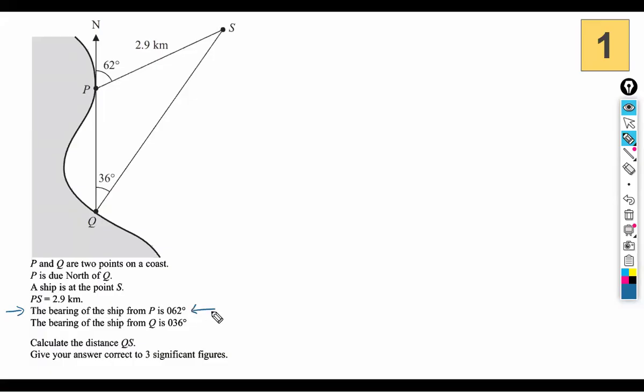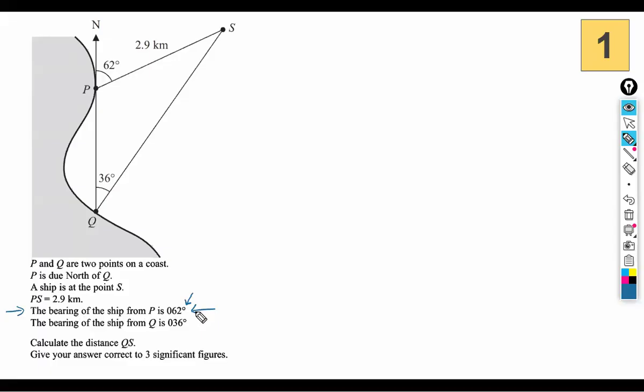Now, a lot of times when students are doing a question, they don't know where they are standing in the question. Because I was never good at English, right? So in this question, they tell you the bearing of the ship from P is 62 degrees. To measure the 62 degrees, where are you standing?